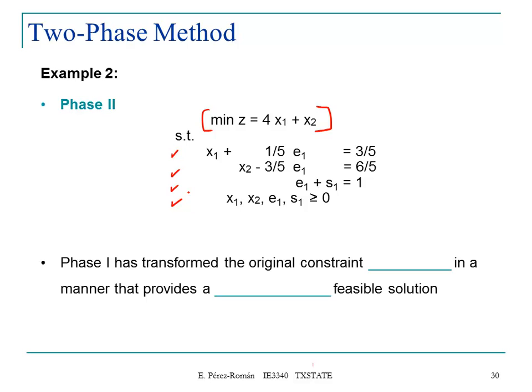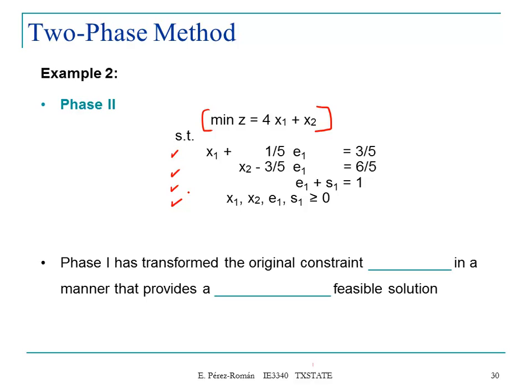Any doubts about that? So you found the optimal solution for phase 1. The coefficients of that tableau are going to be used to find the constraints for phase 2. The objective function, however, is coming from the original formulation. Okay, so those are details that you need to remember.